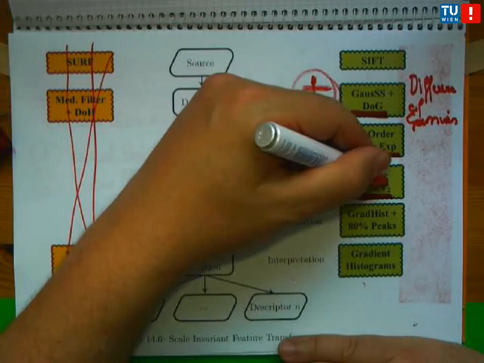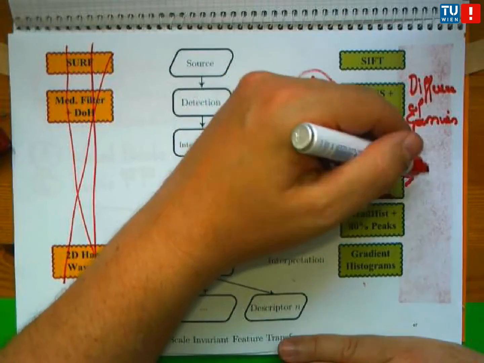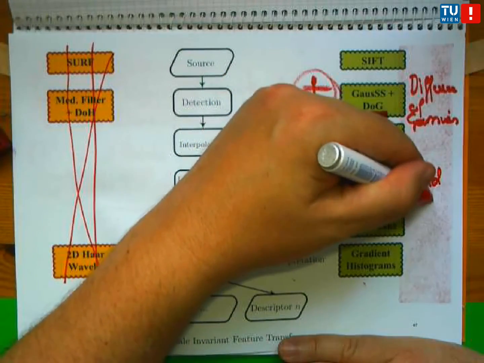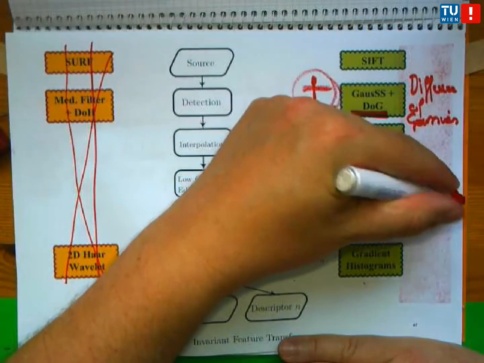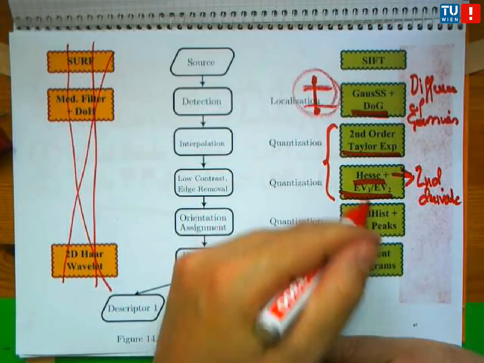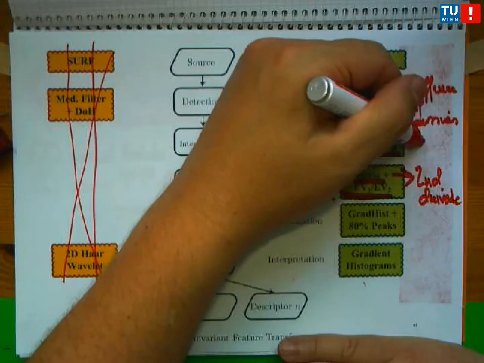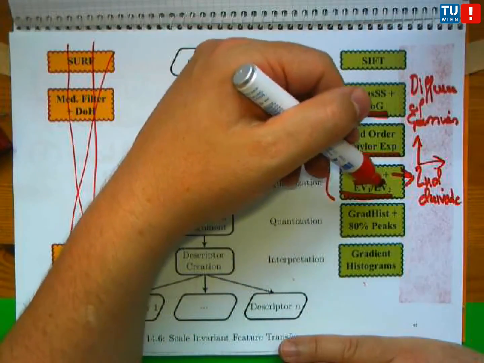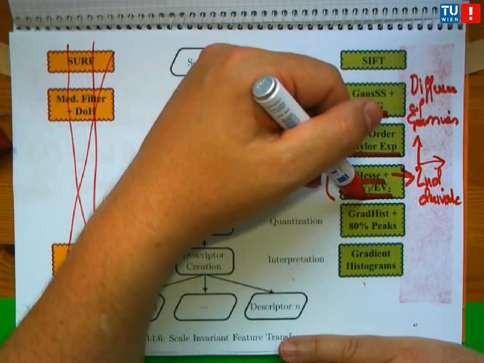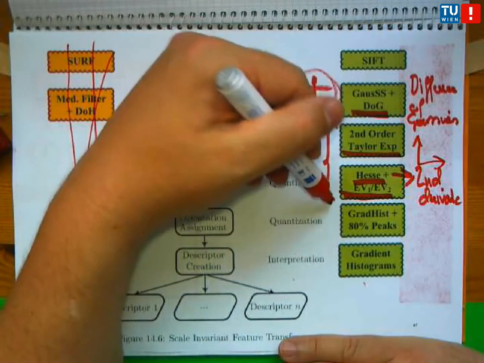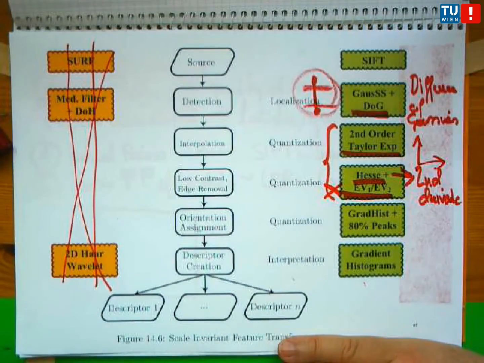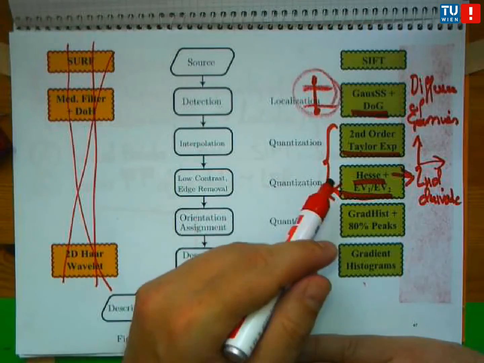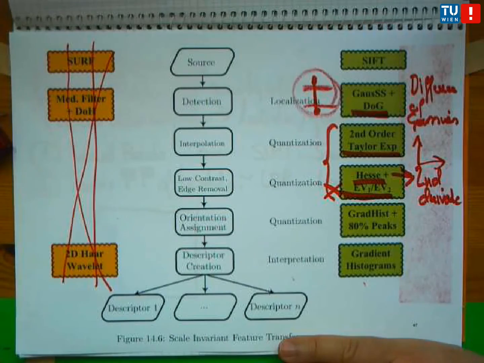For that we employ the Hessian matrix, which is the secondary weight of a matrix. The eigenvectors of that describe how significant the points are. The longer the eigenvectors, the more significant. If that relationship is beyond a certain value, then we throw away the point because it's probably not an isolated corner point. And with interest points, we are interested in isolated corner points.